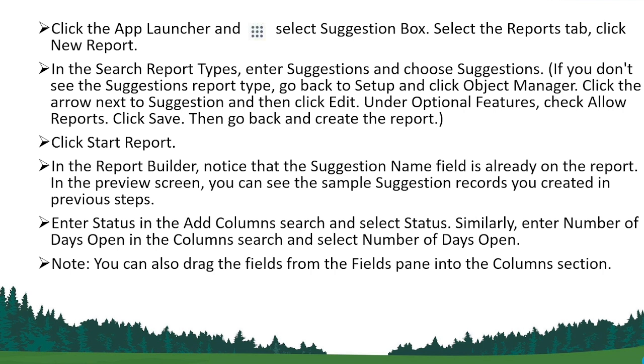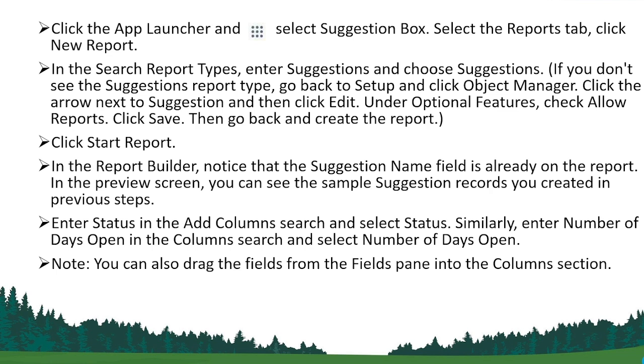You may have certain properties related to that particular report. You can have different optional features. You can have allow report or disallow report. Then you can click on the save button, and then you will move back to create the report. All these things are done before creating a new report.